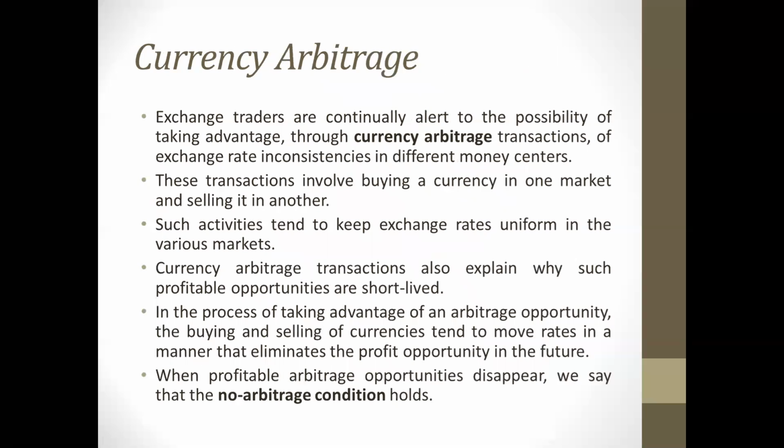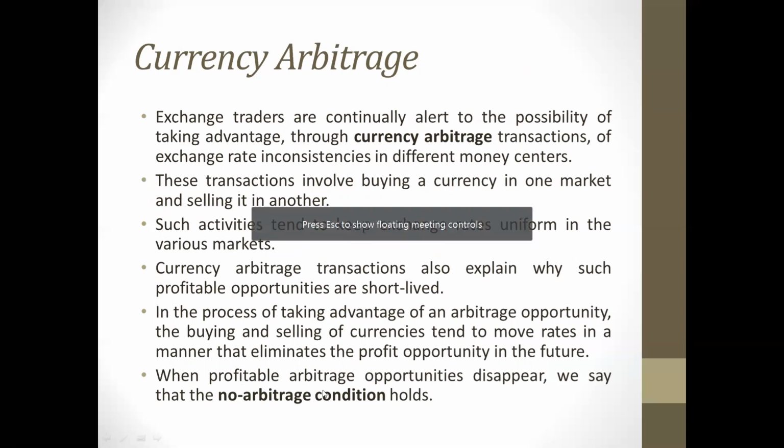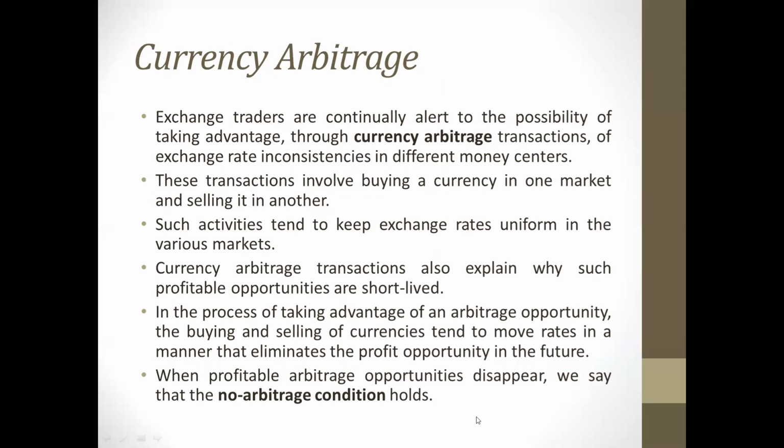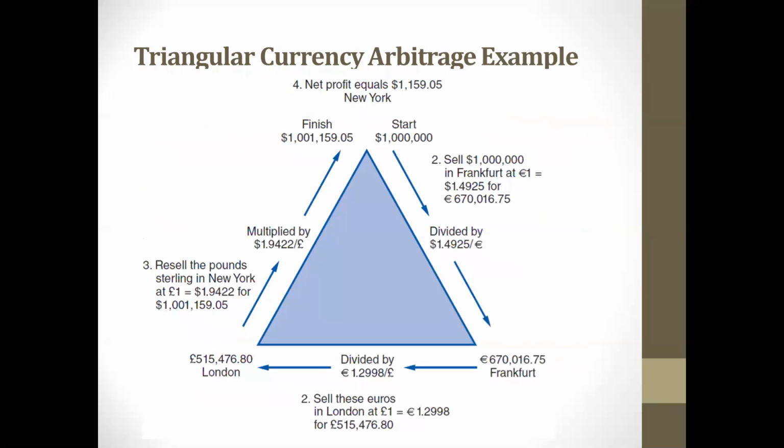That's why we say that when this process continues, the arbitrage profit opportunity is going to disappear, and the no-arbitrage condition holds any more. Right? So therefore, this currency arbitrage profit making is only for a very short time period.